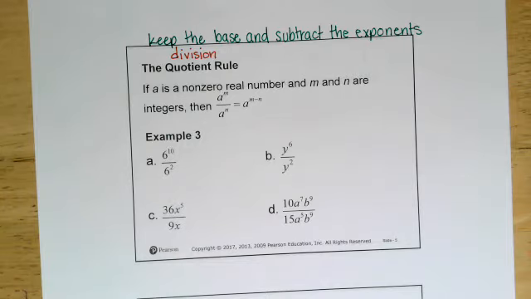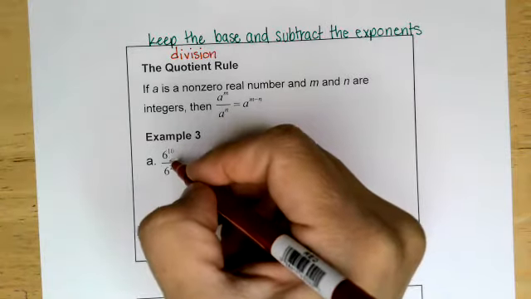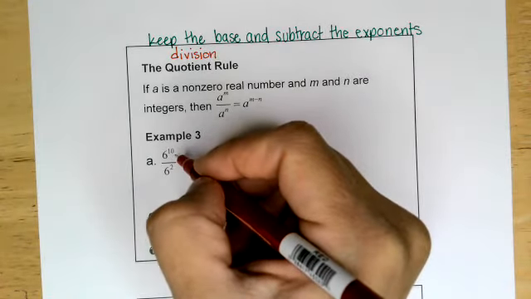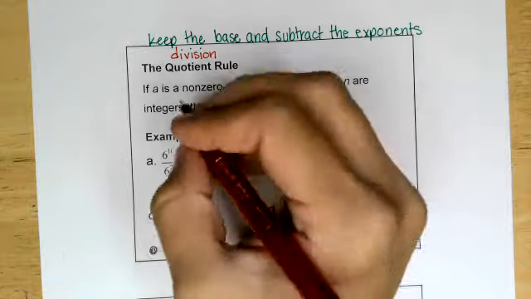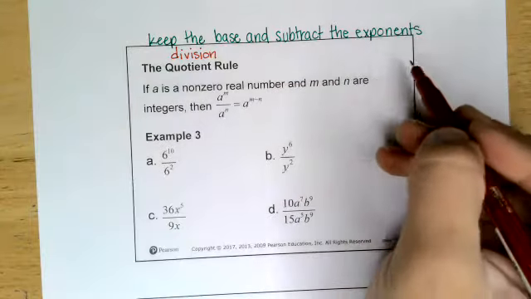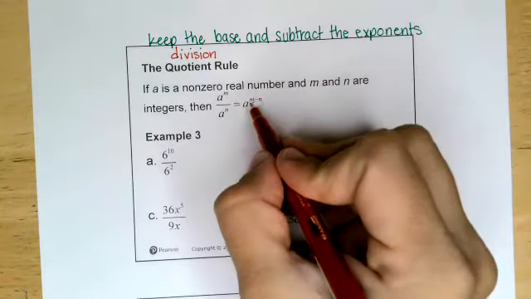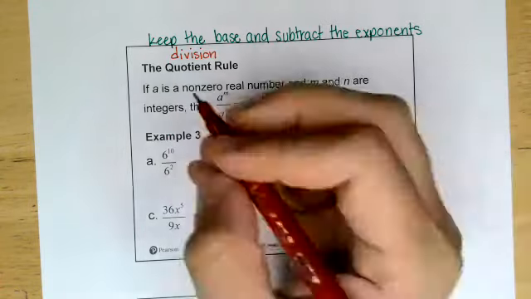All right, shall we work these examples? So we have 6 to the 10th power divided by 6 to the 2nd power, and we're just going to subtract m minus n, right?